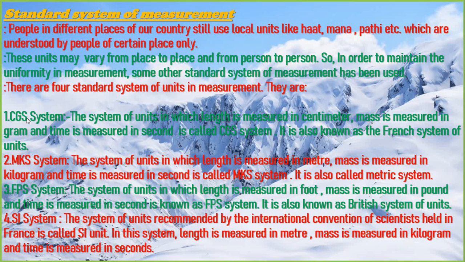The second standard system of units in measurement is the MKS system. It is the system of units in which length is measured in meter, mass is measured in kilogram, and time is measured in second. Just like the CGS system, we can become clear about the MKS system by focusing on these three letters, M, K and S. Here M represents meter, K represents kilogram, and S represents second, which are the units of three different physical quantities, length, mass, and time.